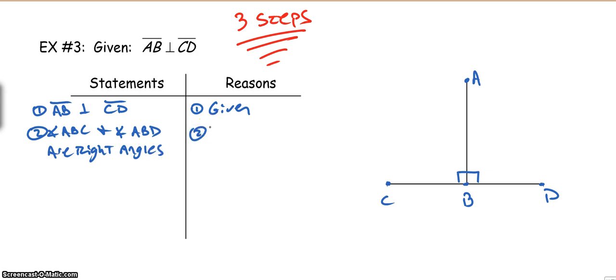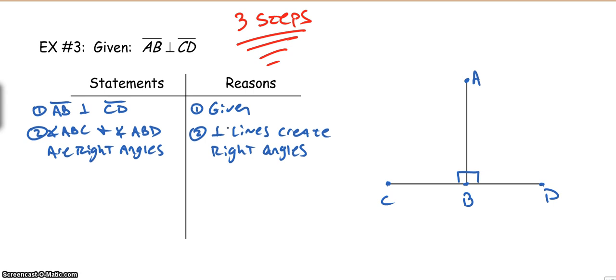Okay, now the reason for that, well, we know we have perpendicular lines. So perpendicular lines create right angles. All right, and we know that for a fact. That's the definition of perpendicular line.